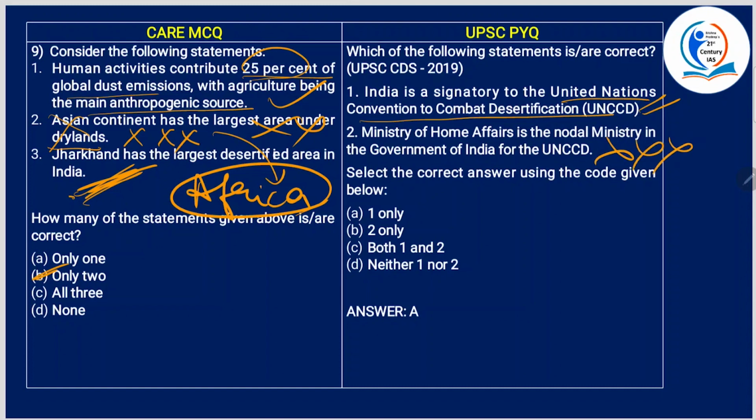No, this is not Ministry of Home Affairs. See, use common sense. Why will the Home Affairs Ministry come into this desertification thing? Unless it should have some subtle link. Here, there is Ministry of Environment, Forest and Climate Change. So, this is the nodal agency. So, this is wrong. A is correct.